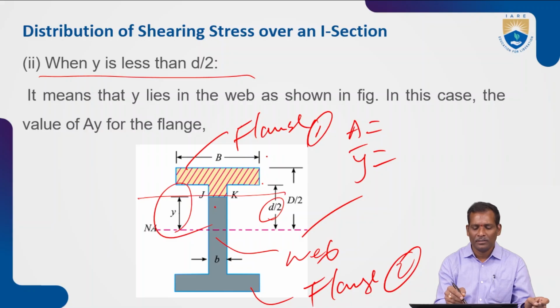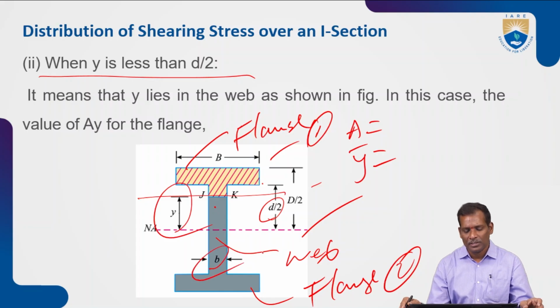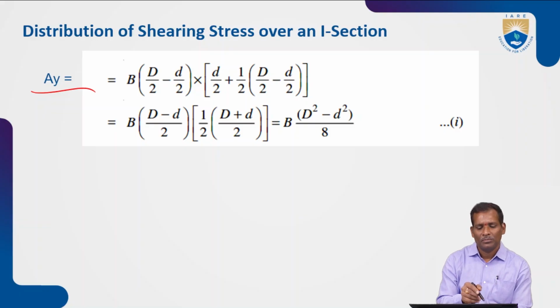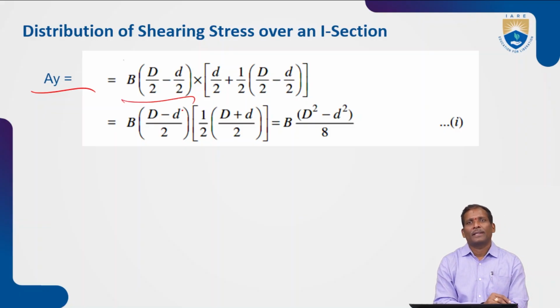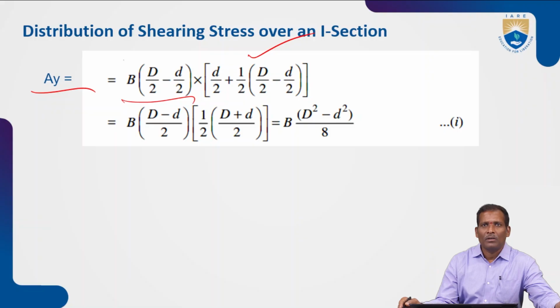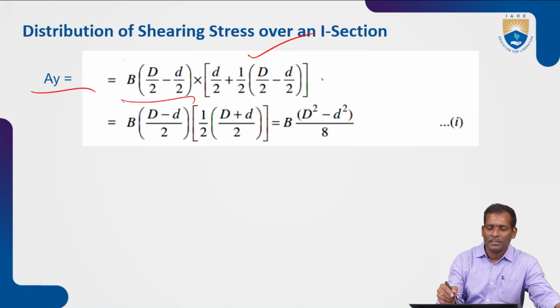So remaining, the values for the entire section: the width is B, depth D by 2, and small b is the web portion. So now calculate A y bar. So B into D by 2 minus small d by 2 here, and then the y value is small d by 2 plus half multiplied with D by 2 minus small d by 2.